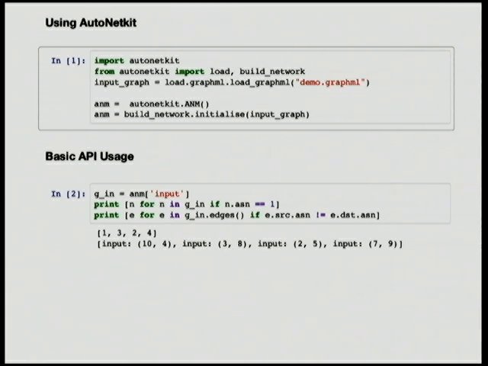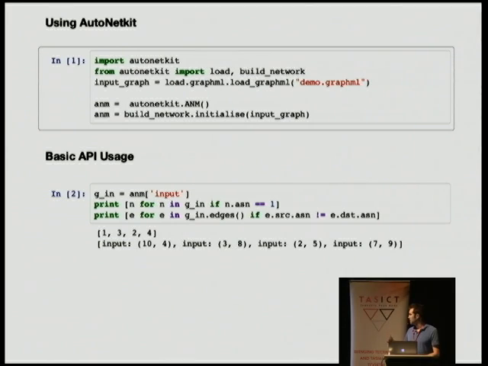So we can do things like printing the nodes again like we had before if the ASN is 1, and printing the edges if the source ASN is not the same as the destination ASN. So fairly similar to before, but a little bit more succinct and a little bit more readable. Perhaps at a loss of a little bit of performance, but when we're building large network design descriptions, the clarity becomes quite nice.